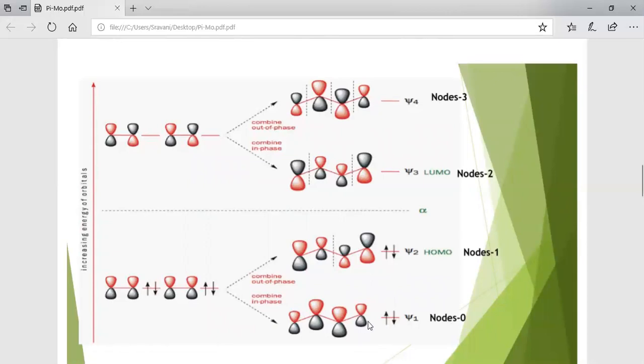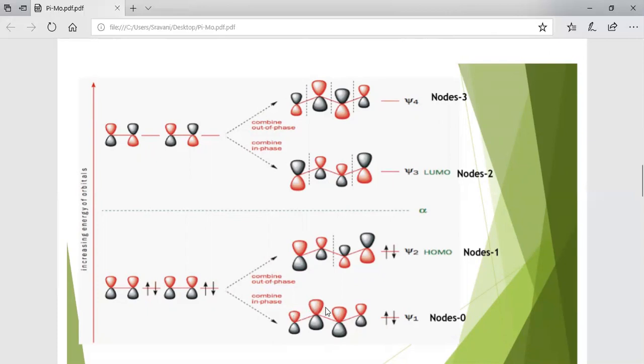That means in the Xi1 energy level, the combination is completely in phase. All the p orbitals show in-phase combination, that is constructive interference. This p atomic orbital is C1, this is C2, the next is C3, and the fourth is C4.